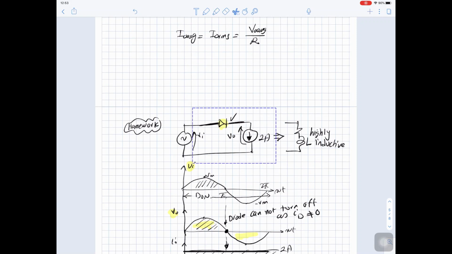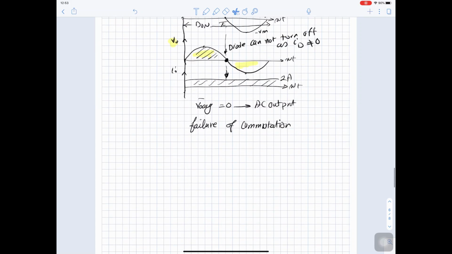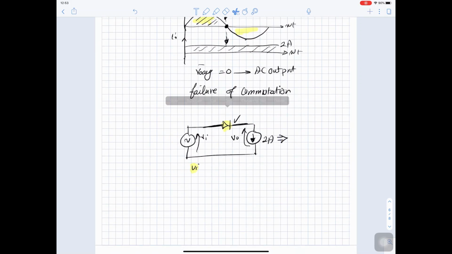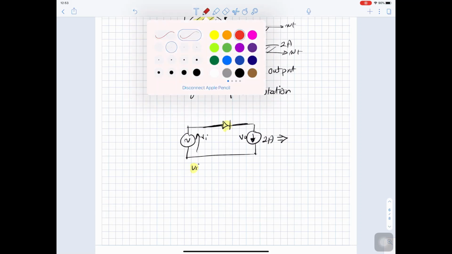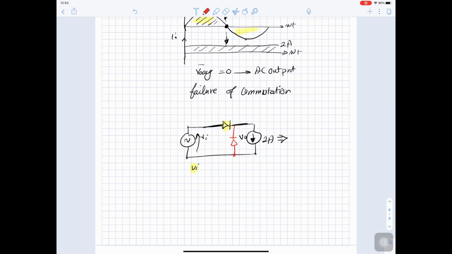So the solution is very simple. The solution is just adding an extra element, adding a diode here, an anti-parallel diode, or they name it a reverse diode, or the well-known name is freewheeling diode.